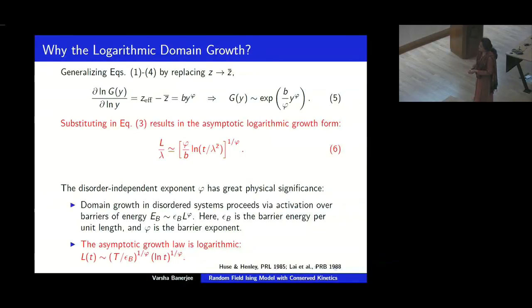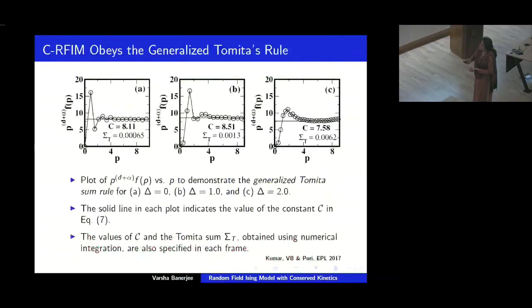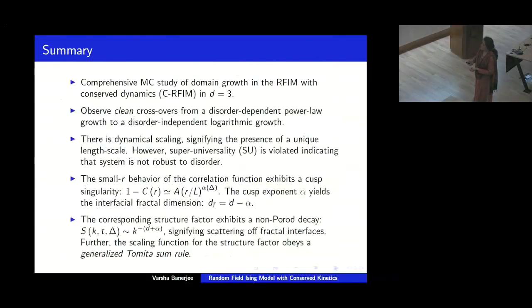Once again, I emphasize that it gives rise to this particular logarithmic scaling, and this is discussed in the classic papers of Hughes and Henley and Lai, Mazenko, and Valls. So I will not go through these rough interfaces and non-Porod tails that we've been looking at, and let me just come to my summary.